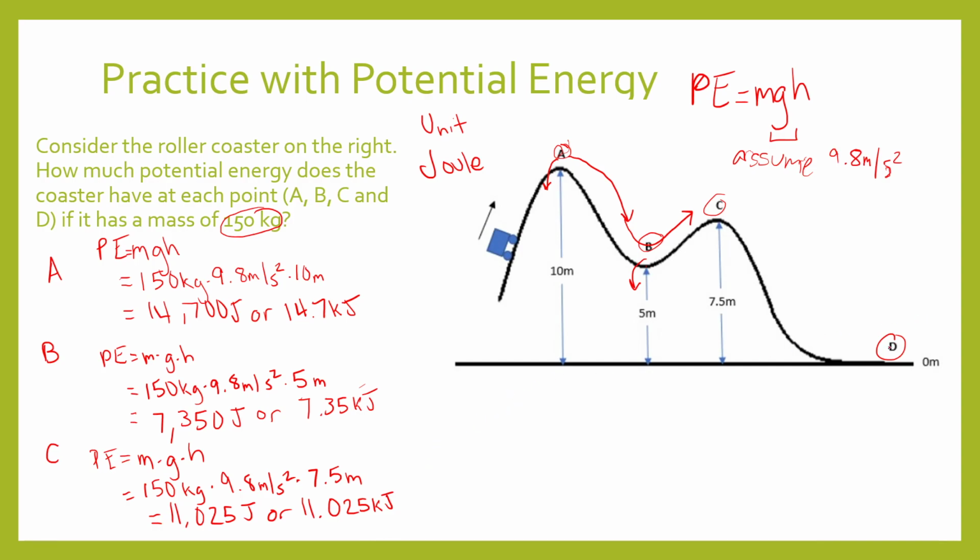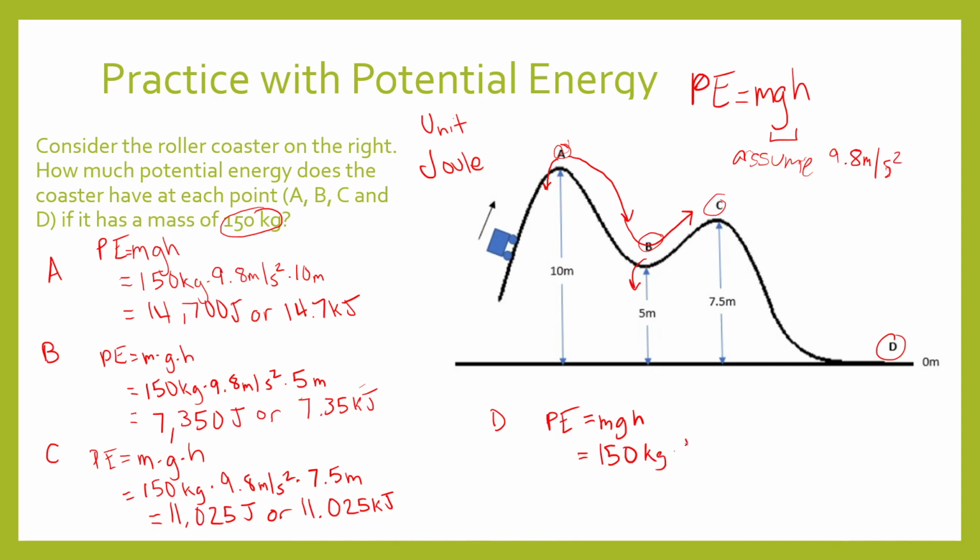Last but not least, we're looking at point D. If the potential energy is at its highest at the highest height, what do you think the potential energy is going to be when it's down at the very bottom? Hopefully you've guessed that it's going to be much, much lower. For that, we're going to plug in our equation, mgh. Our mass, again, is still 150 kilograms.